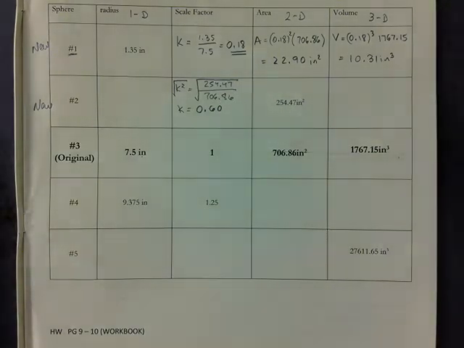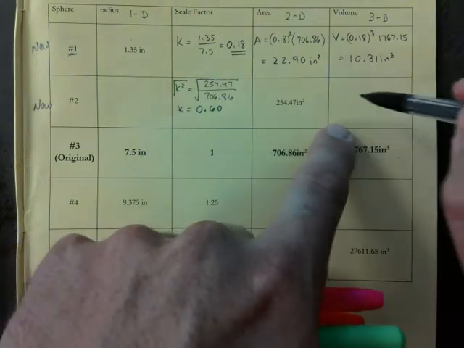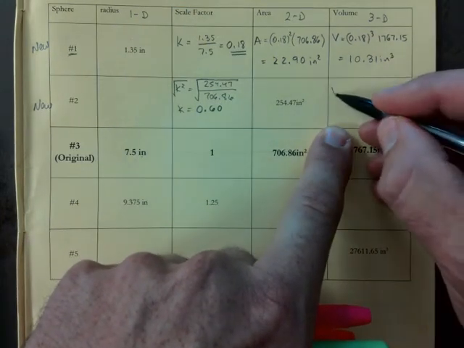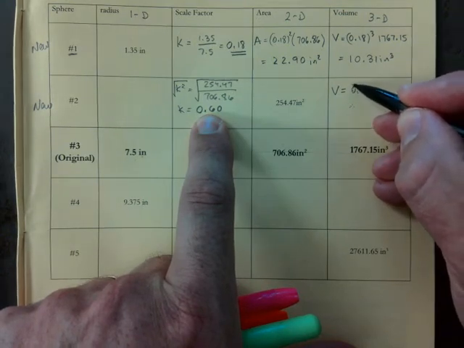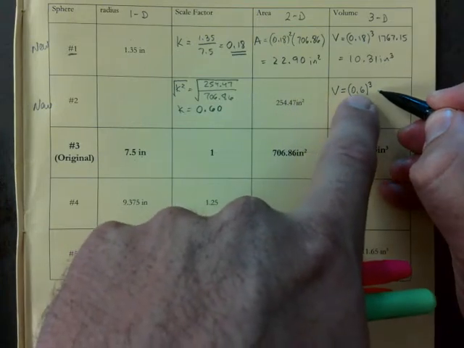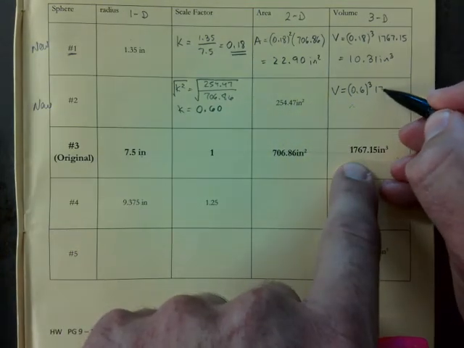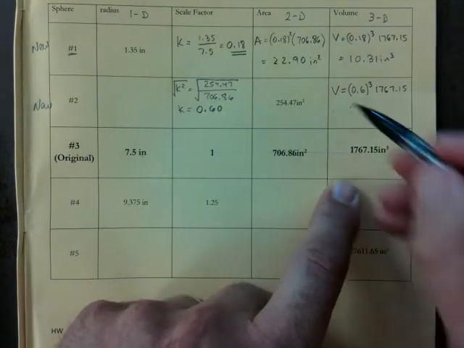So I found my scale factor, which is the key, guys. That's the key. Now I'm going to fill in the rest. So if I'm asked to fill in this one, I'm going to say that the volume is what? 0.60 or 0.6 cubed, right? Times the volume of the original. The original stays, okay, on a chart like this.